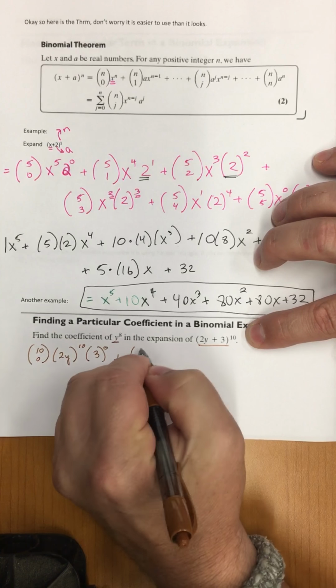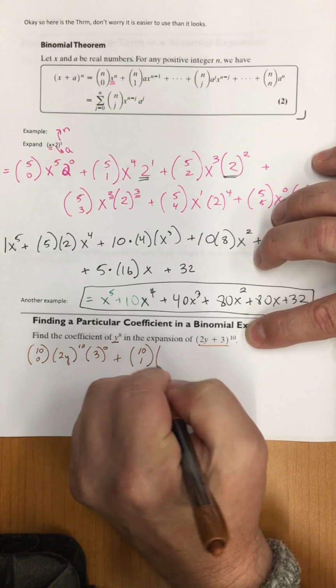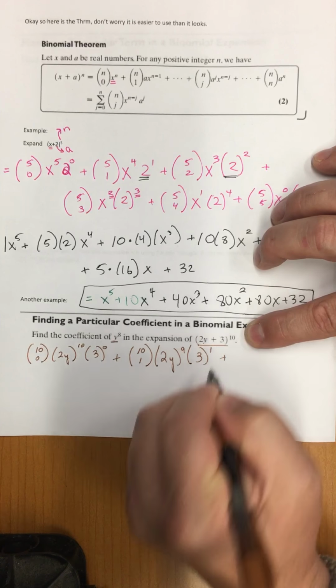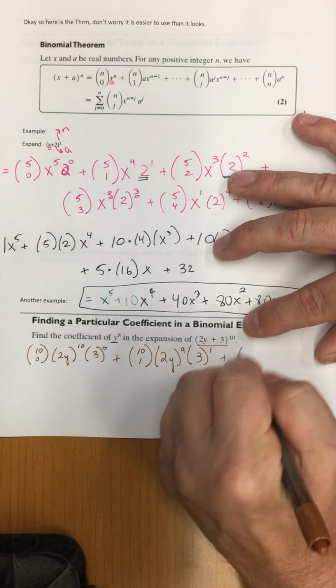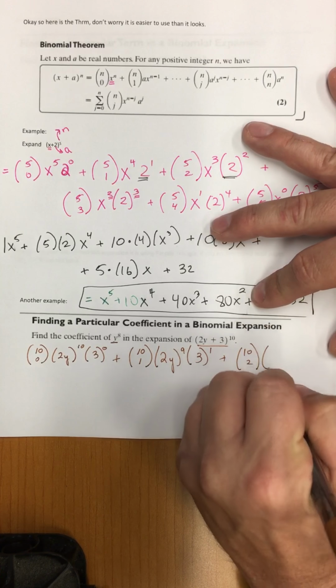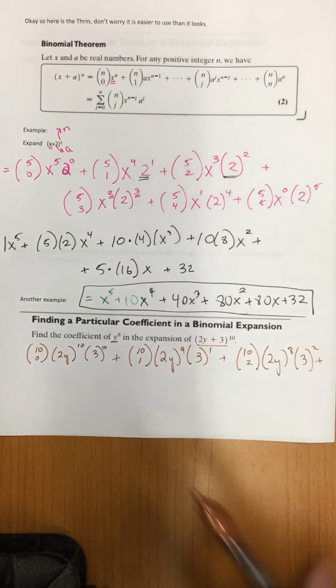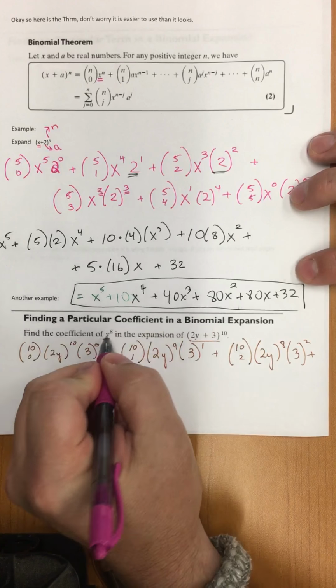The next term would be 10 choose 1, the first thing to the 9th power, the second thing to the 1st power, plus 10 choose 2, the first thing to the 8th power, the second thing to the 2nd power. And you could keep going, but notice they only wanted a specific one.